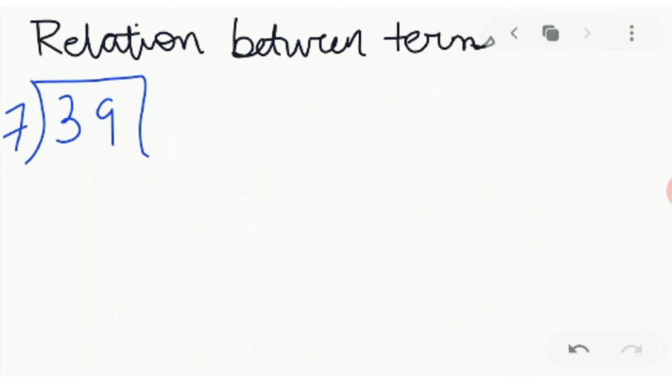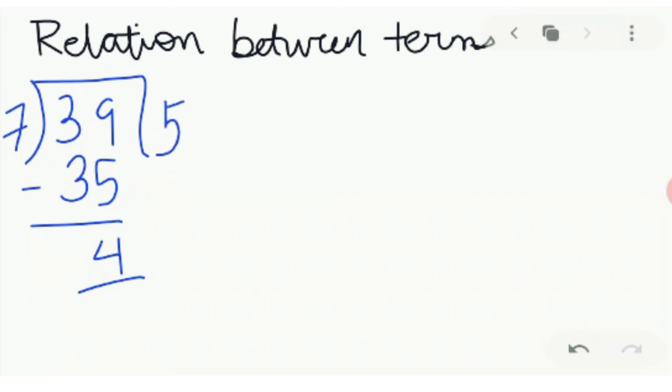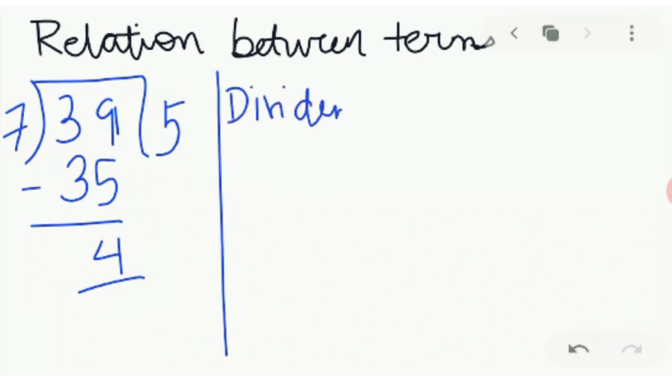When we divide 39 by 7, we will get 35 here, a remainder of 4, and here we will get 5. So how can we get a relationship between all these numbers? There is a formula. You need to memorize that formula. That formula is: dividend is equal to divisor into quotient plus remainder.